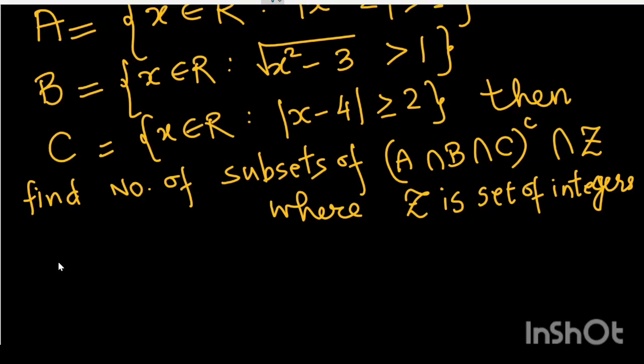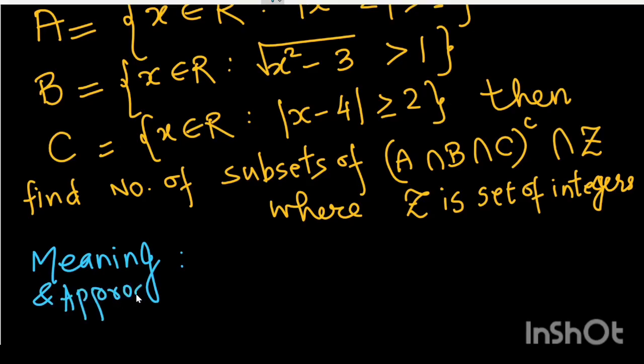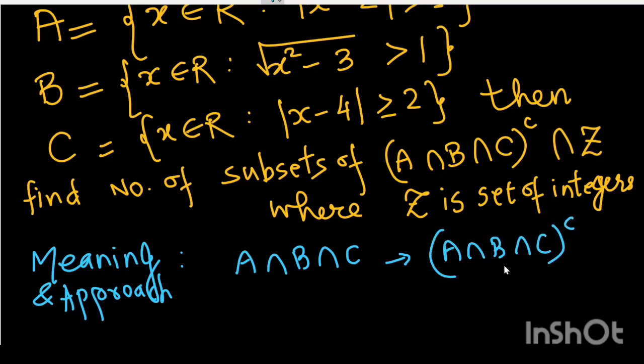The meaning and approach: the three sets that are given, we have to solve the inequality, and then we have to take their intersection of A and B and C. We have to take the intersection, and then from that we will find the complement.